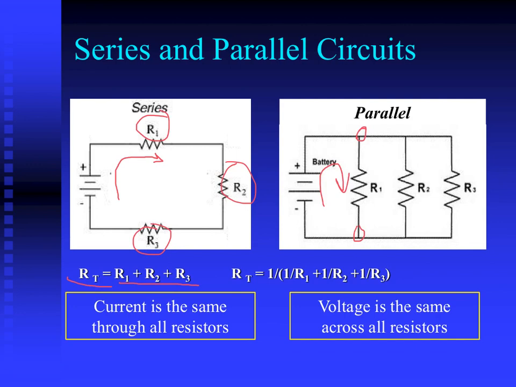Then you have another circuit, the battery is connected across the second resistor, so you have a second current going through the second resistor, and then you have the third resistor connected across the battery, the same voltage, and you have a third current.